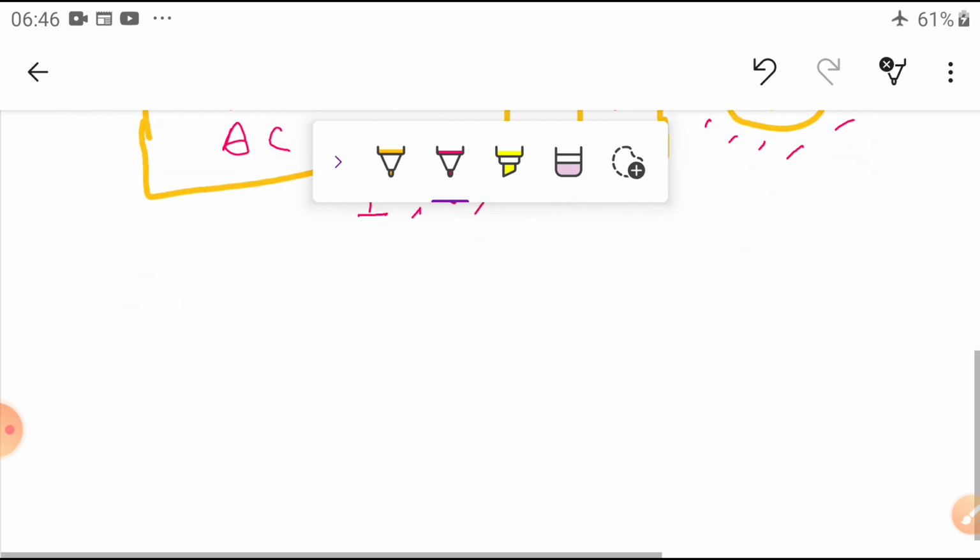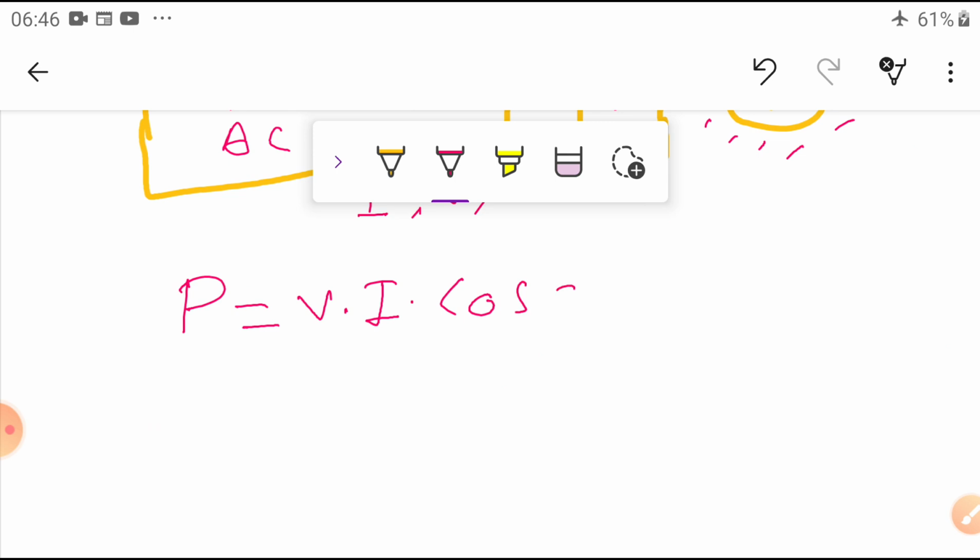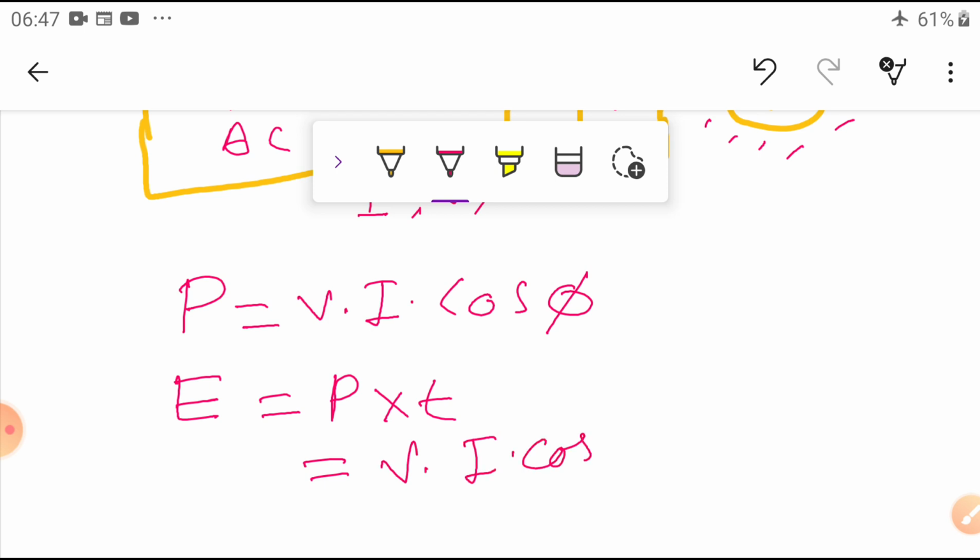As an electrical student, you know that power is equal to V into I into cos phi in case of AC supply. Energy is equal to power into time duration. So I can write it as V into I into cos phi into time. Then I can get the energy in the unit of watt hour.